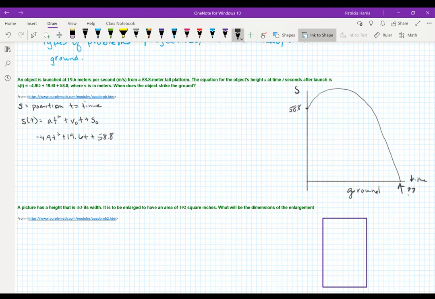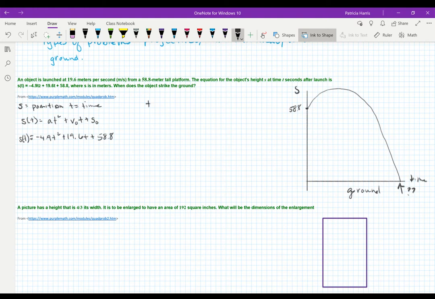There's a couple different ways I can do this. I can use Desmos, graph it, and find the x-intercepts that way. If I don't want to use Desmos, then I'm going to lean on the quadratic formula.